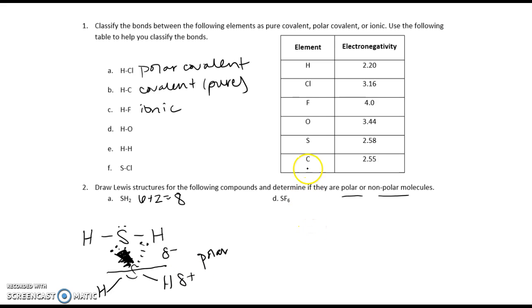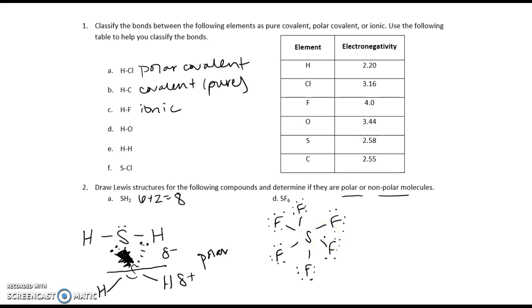Try SF6. If you remember, we drew this one the other day, so I'm just going to recopy it real quick. Okay, that is our total Lewis structure here.